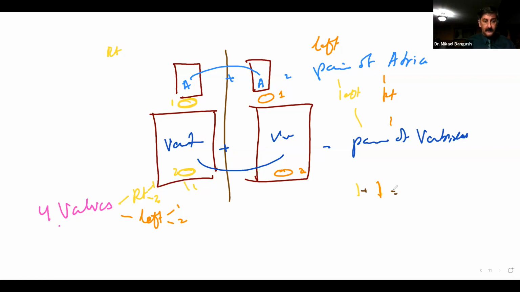Likewise, we will also group valve number 2. Here we just call valve number 2 on the left side, valve number 2 on the right side. So this will mainly be the way that we will discuss the heart.